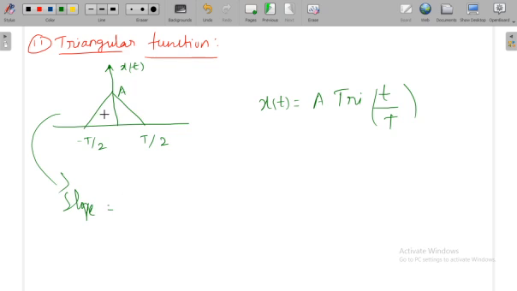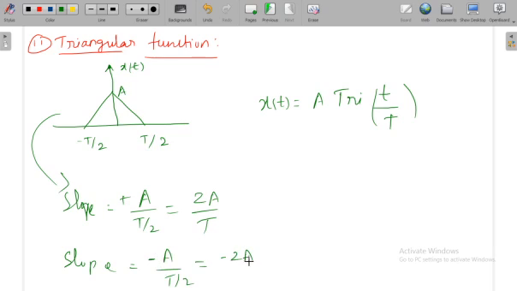The change in y is A. What is the change in x? That is T by 2. I know this is a positive slope, so don't worry about other things. So the slope is 2A divided by T. Here the change in y is A, the change in x is T by 2. But on the other side I know the slope is negative, so the slope there is minus 2A divided by T.